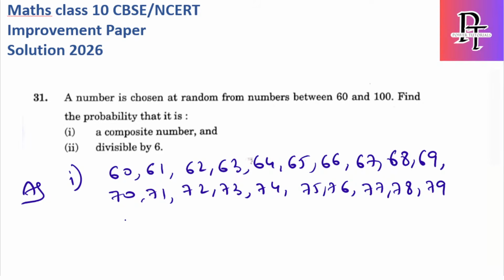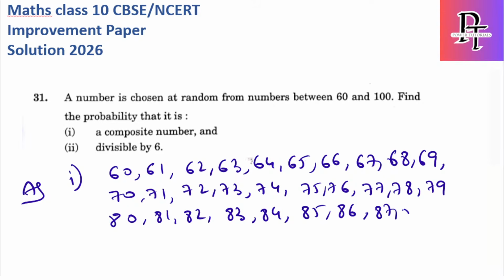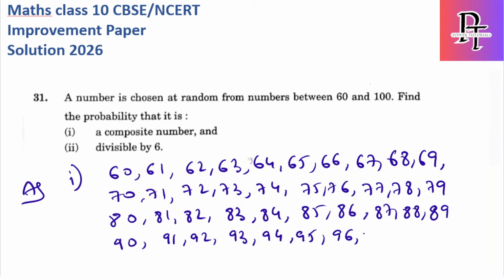Okay, let's write again 80, 81, 82, 83, 84, 85, 86, 87, 88, 89. The last row 90, 91, 92, 93, 94, 95, 96, 97, 98, 99, 100.